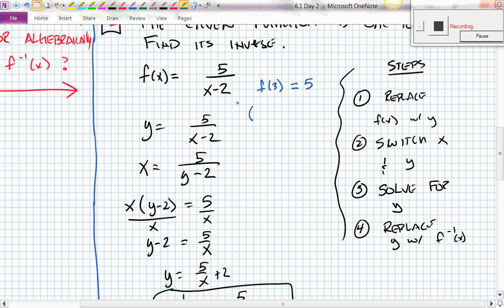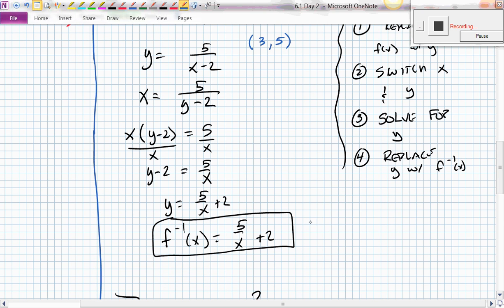So the input to my original function was 3, and the output was 5. You agree with that? Now check this out. If I put an input of 5 into the inverse, what would my output be? 3. Isn't that crazy? They just switch. The inverse function undoes every single input for an output, and it just replaces them.